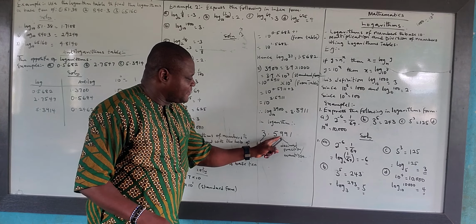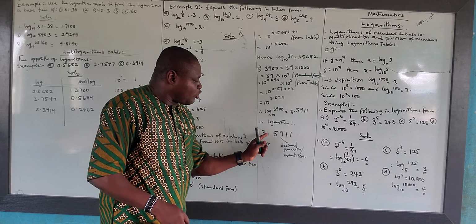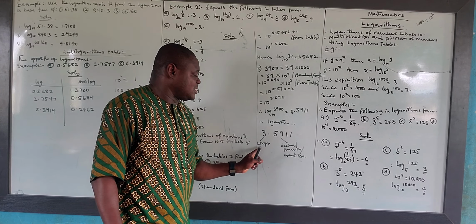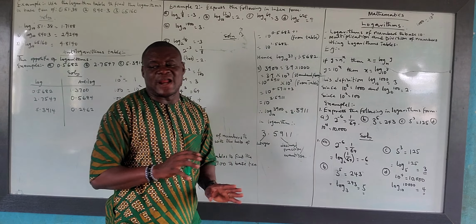What is the position of this 3 here? This 3, because of the decimal point in between, is telling us that 3 as a whole is standing as an integer. So before the decimal point, we have the integer. After the decimal point, we have the decimal fraction.